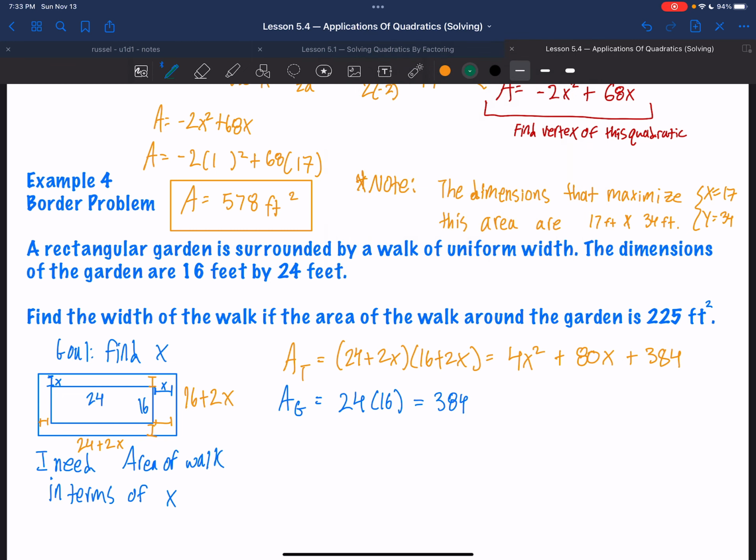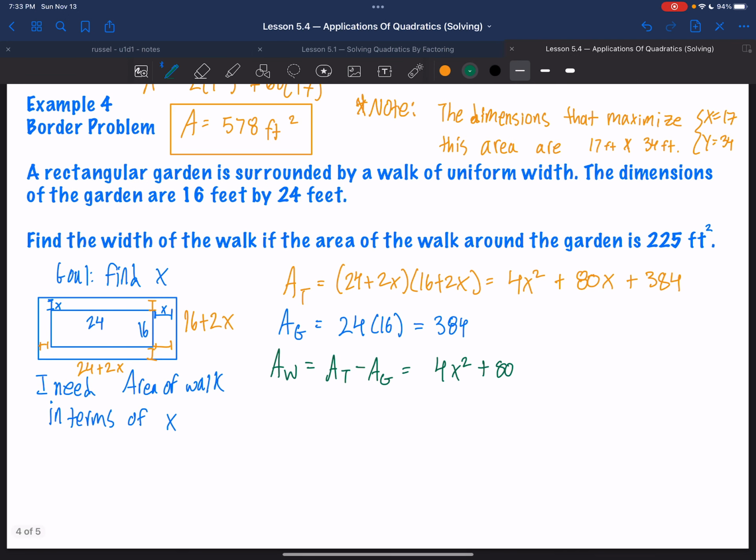So, if I want the area of the walk, that equals the area total minus the area of the garden, which equals 4x squared plus 80x plus 384 minus 384, but I think you can see how those cancel each other out, right? Be good independent practice for you to do.